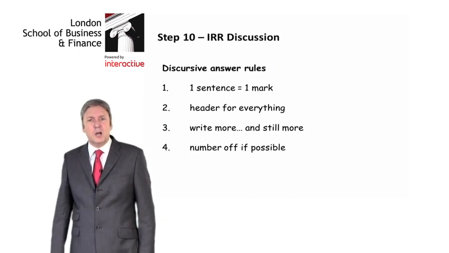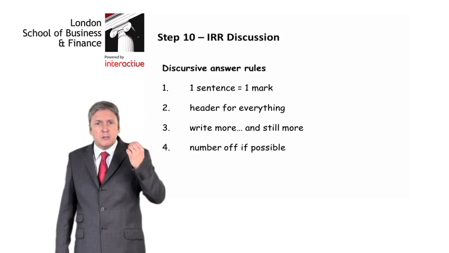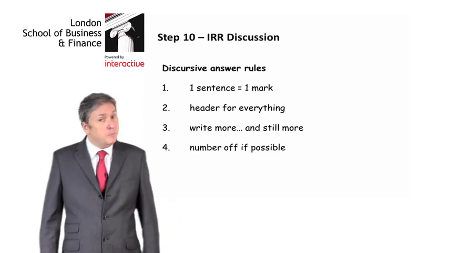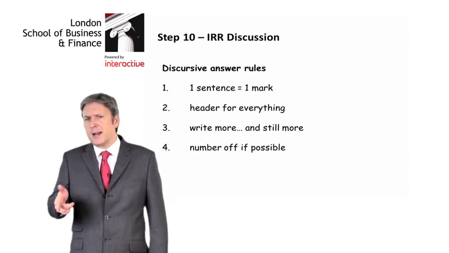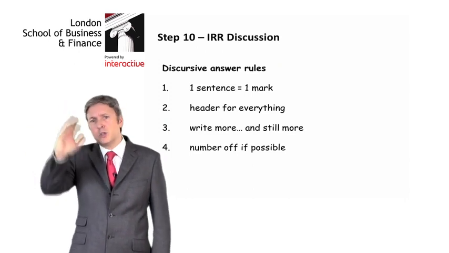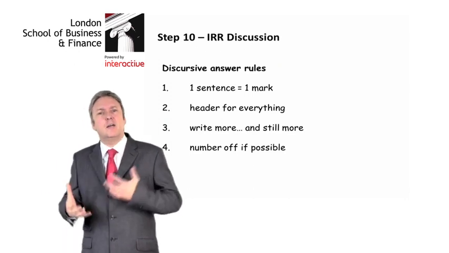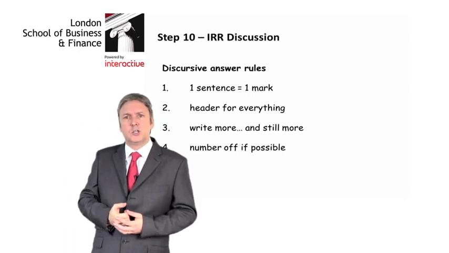Just write and write and write. Write until your hand falls off and maybe use your other hand. And if possible, number off. I said before, strengths, S on the end. That means we can say there's 1 strength, 2 strengths, 3 strengths. So we're trying to educate the examiner as to how many facts or bits of knowledge we're trying to give him.